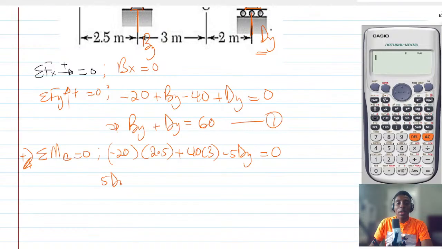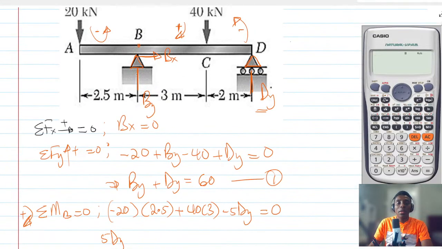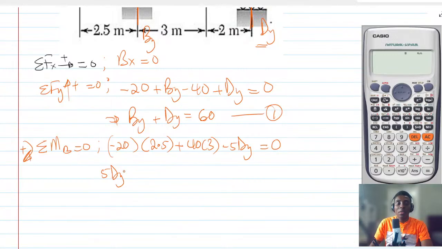So from here, 5 Dy is equal to, let's pick our calculators, minus 20 multiplied by 2.5 plus 40 multiplied by 3.